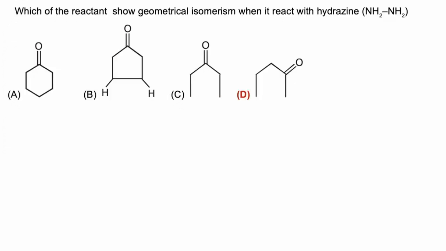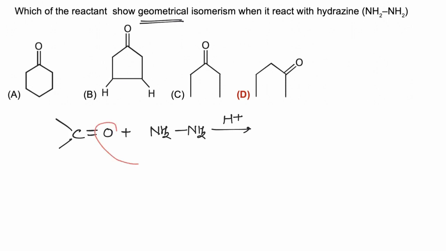In this question we have to find which of the following reactants on reacting with hydrazine gives geometrical isomerism. Now any carbonyl compound on reacting with hydrazine in slightly acidic medium will eliminate a water molecule, and after removal of the water molecule it will be converted to C double bond N NH2.